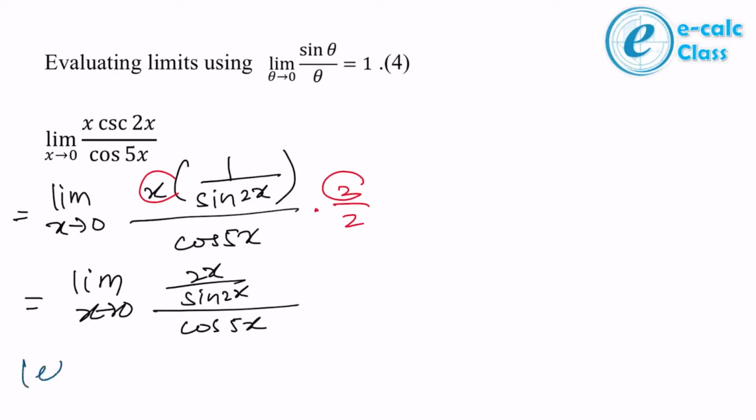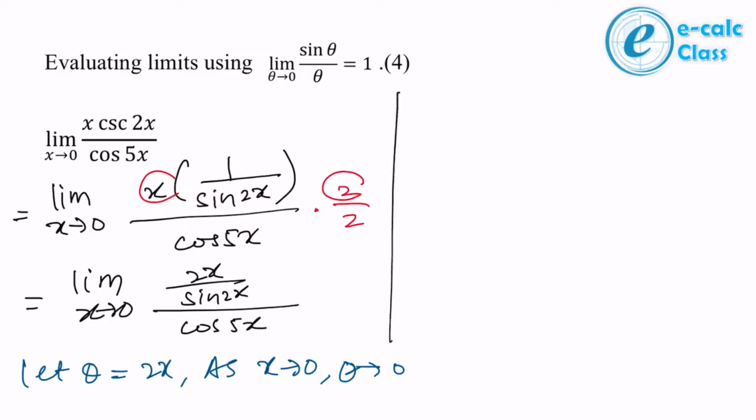You just go ahead and check your theta. Let theta be 2x. As x approach 0, your theta is also approaching 0, right? Then now, limit when theta approach 0.